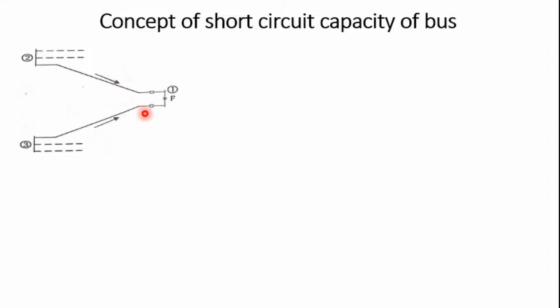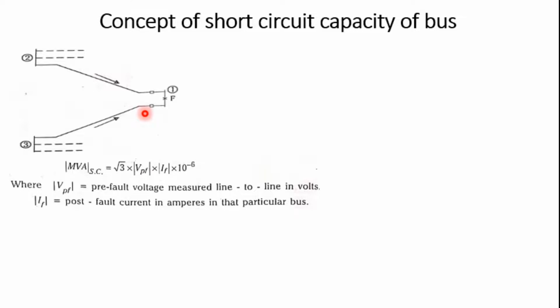If the fault current is measured in amperes and the system voltage in volts, then for a 3-phase system the short circuit MVA can be expressed as MVA short circuit is equal to root 3 times VPF into IF into 10 to the power minus 6. VPF is the pre-fault voltage, measured line to line in volts. IF is the post-fault current in amperes at that bus. Let's call this equation 1.